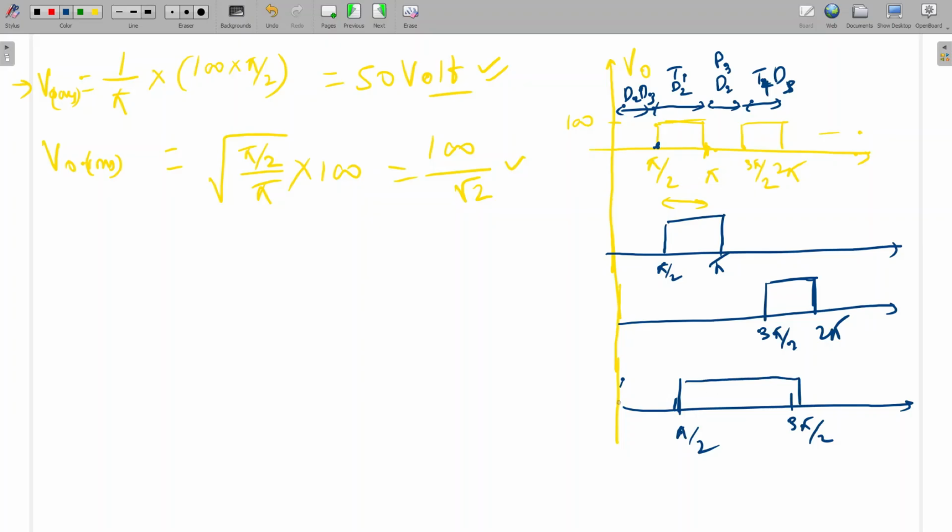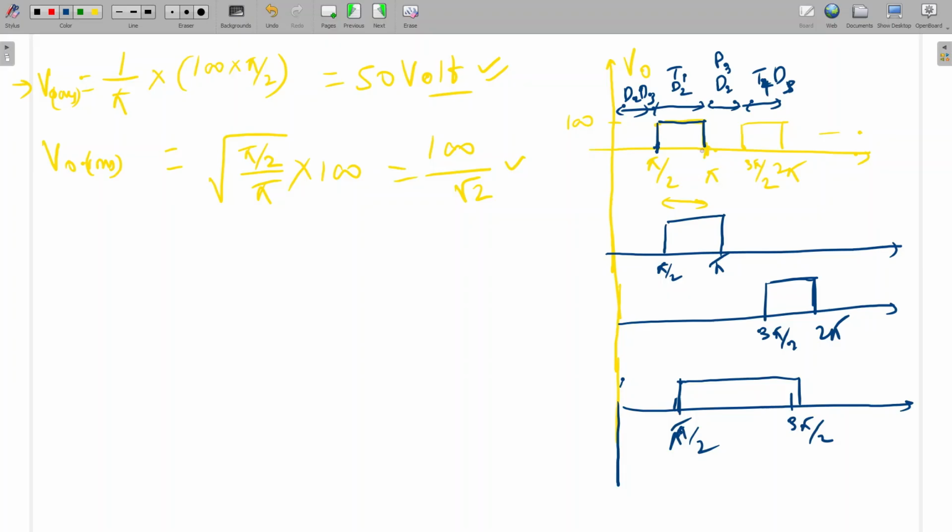Is it clear till now how I have drawn? Otherwise I will go to the circuit and explain again. See here, when this output voltage is appearing, we are firing T1 at pi by 2, and it will stop at pi. So here T1 and D2 are conducting.